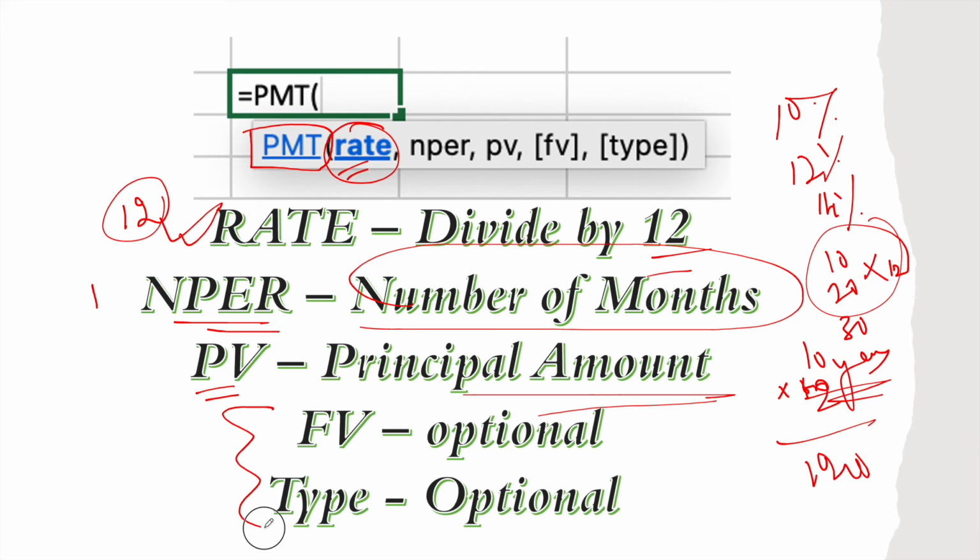These two are basically optional parameters. What is FV? FV is a value which you pass when you want to calculate the balance amount or the next amount available. Suppose you have already paid 5 or 10 EMIs and you want to calculate the remainder of the balance.